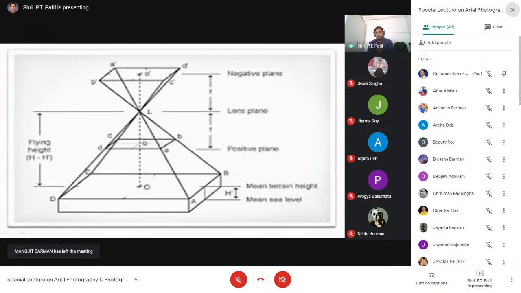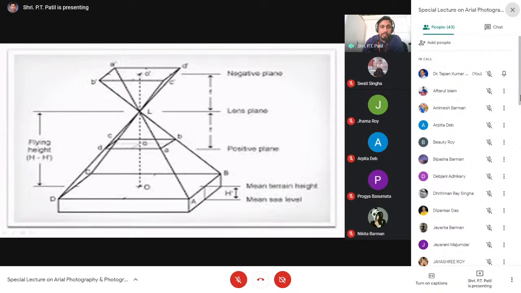Now I'll move towards the geometry of the aerial camera or aerial photography. Means how the camera works, what the lens plane is, that is well described with the help of this diagram. Understanding this diagram plays a very important role when we are doing aerial photogrammetry. For the calculation purpose, we need a very good understanding of that particular image.